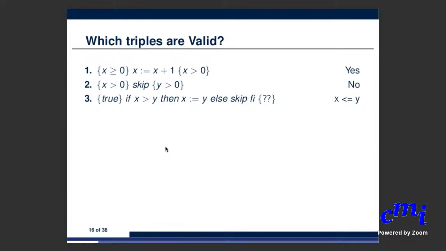False means that it is something that is, I mean, all these are predicates, okay, and they define sets of states. So false defines the empty set. What exactly it means for false to be the state of affairs, we'll see. So what should this be? x is less than or equal to y, because if x is greater than y, then it makes them equal, okay? And otherwise you're not doing anything, and that's the case when x is anyway less than or equal to y, and therefore it is less than or equal to y.